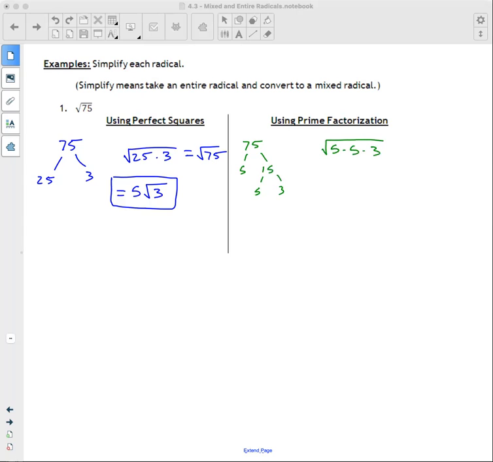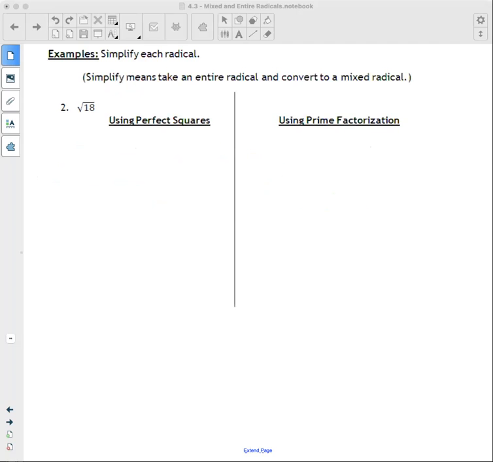We are taking the square root here, so we're looking for pairs. Once you've found a pair, you take that outside of the radical, and that becomes 5 root 3 as well. So a little bit different strategies, but we still arrive at the same answer. Again, whatever strategy you like more, feel free to roll with that, but I would encourage you to continue to try both.